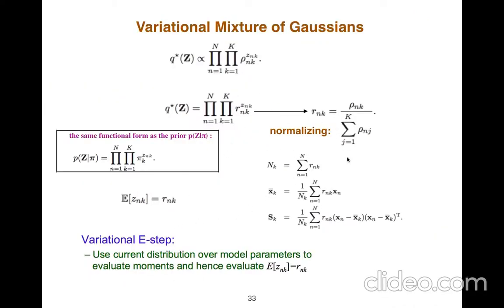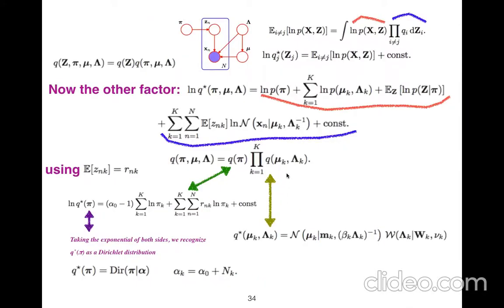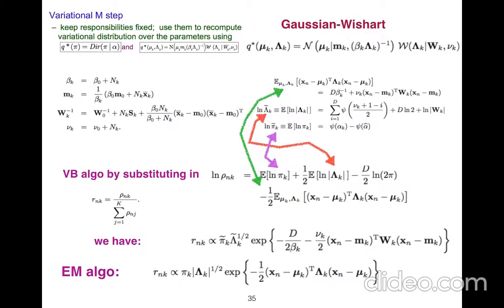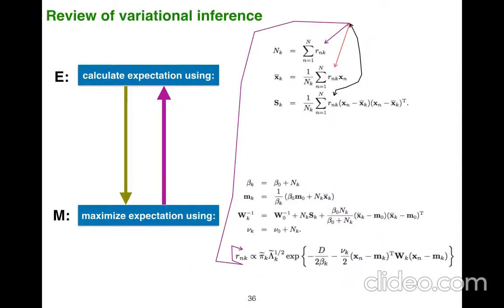So this is the expectation step, because you have R. You want to calculate mean, mixing, and covariance. And the maximization step is where you are going to maximize the other part, which is the parameter part, and so it's an iterative procedure, and we use a Gaussian-Wishart for the prior of the parameter distribution, and you see that's it.